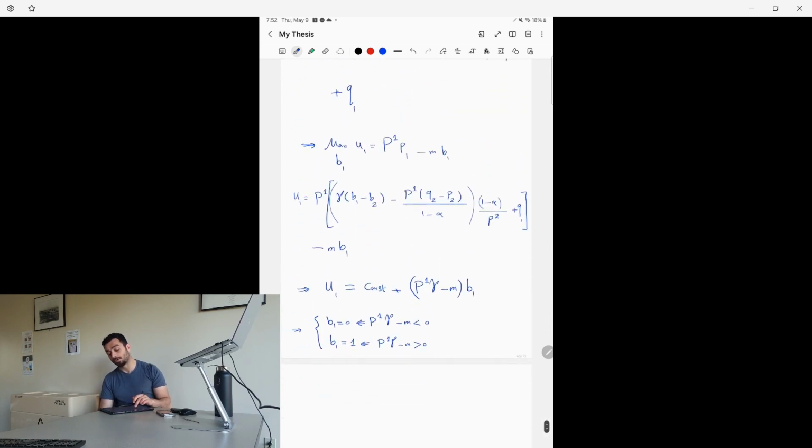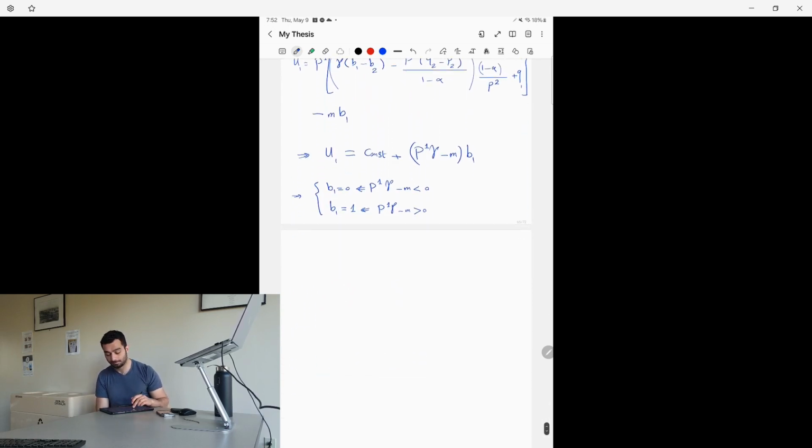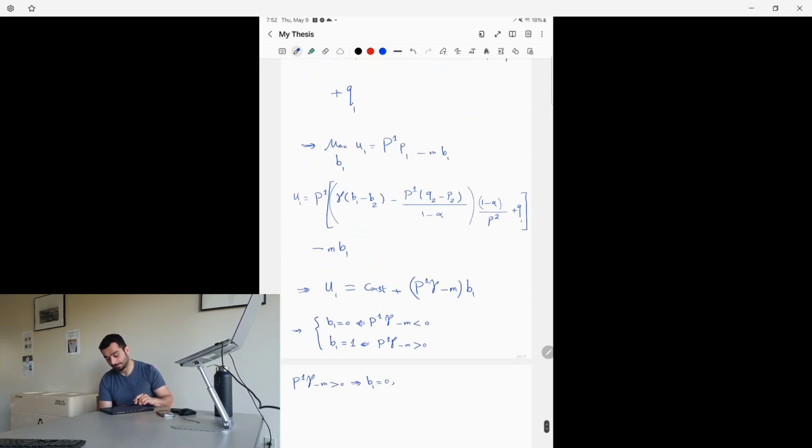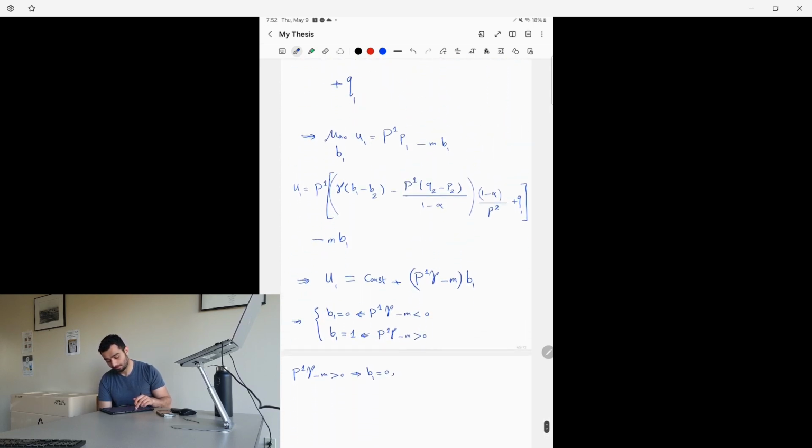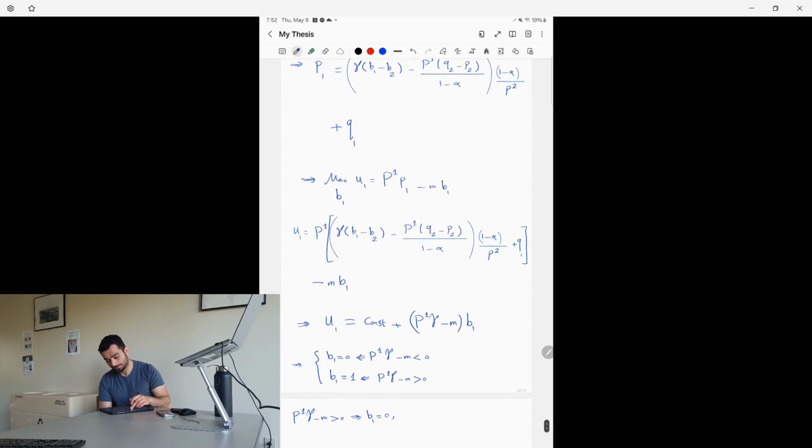Then we have to check all of our previous constraints, by the way. Okay. So P1 gamma minus M greater than 0. B1 will be 0 and P1 will be this.